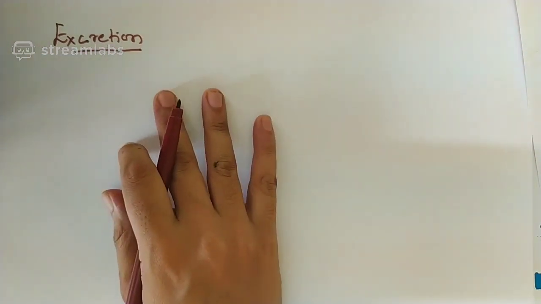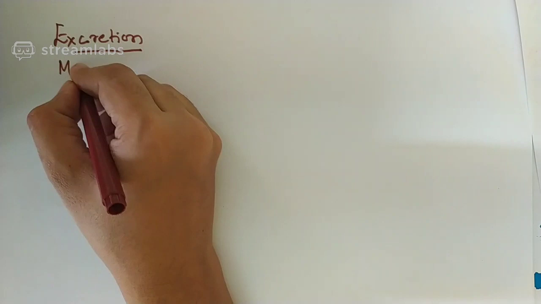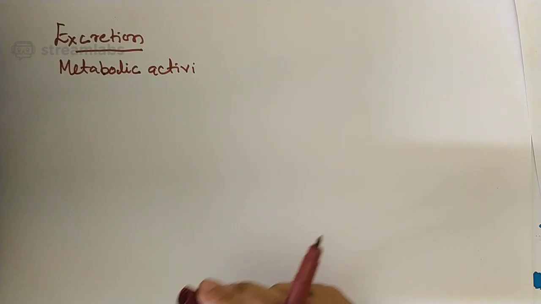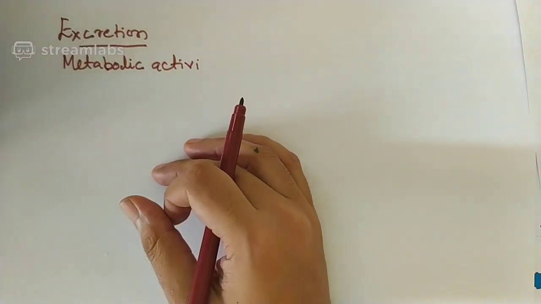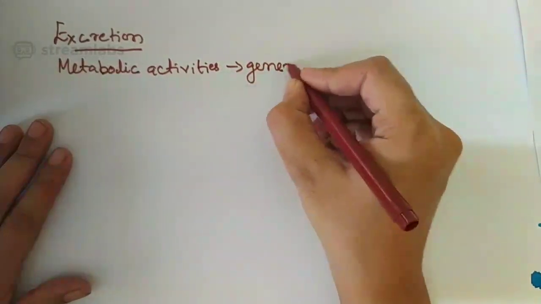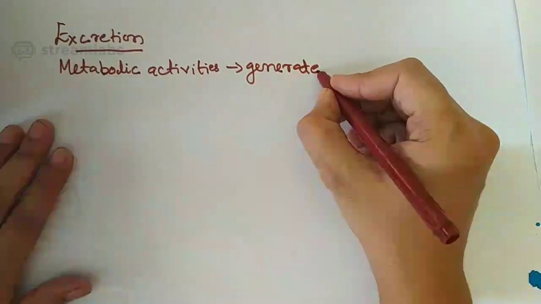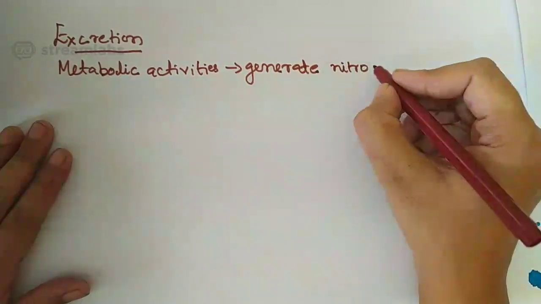Metabolic activity, chemical reactions taking place inside the body, is called metabolism, and I have also told you that metabolism may be a constructive process, which is anabolism, or a destructive phase inside the body. And these metabolic activities are going to generate nitrogenous waste materials.